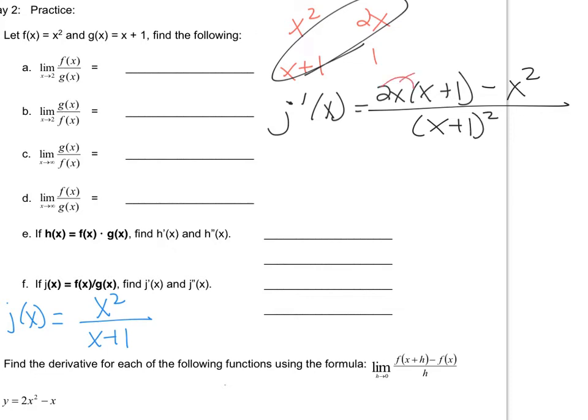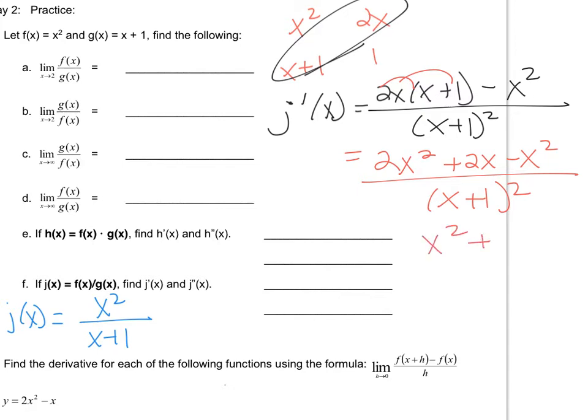I'm going to distribute this 2x, because then we can simplify our numerator. And we are going to get x squared plus 2x over x plus 1 squared as our first derivative.